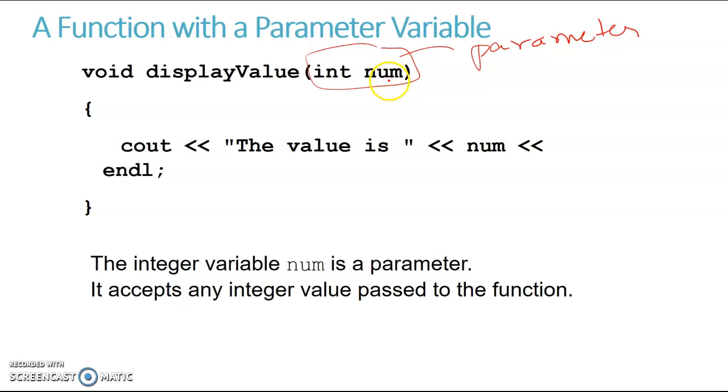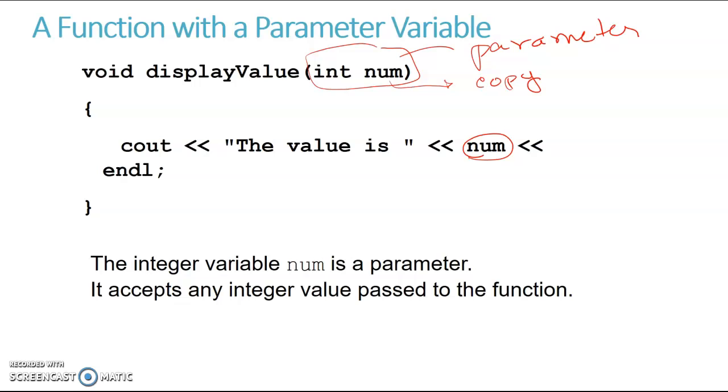So what happens is num is going to take on a copy of what is passed during the function call. And so num is representing whatever that value was from the calling function, whether it's an actual number or a variable that represents a number. So we're passing them by value. It's taking on a copy and it's going to use that in the function.